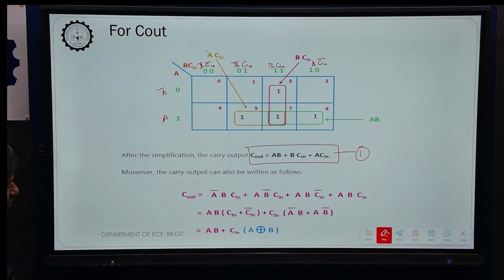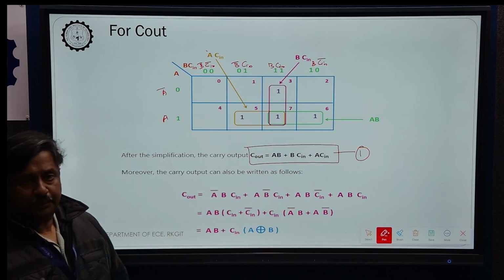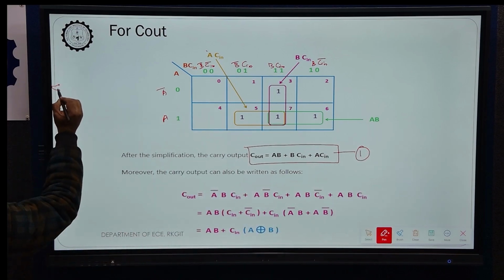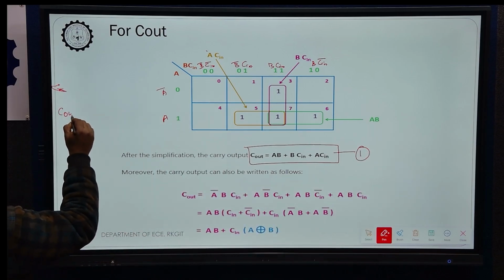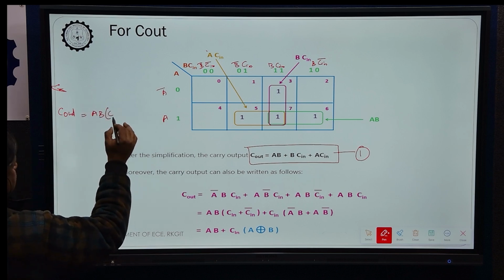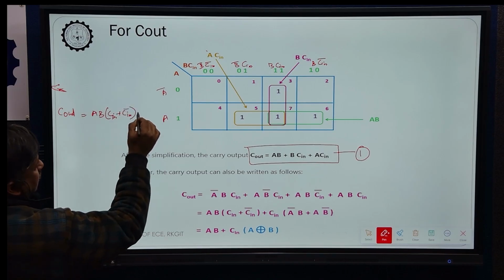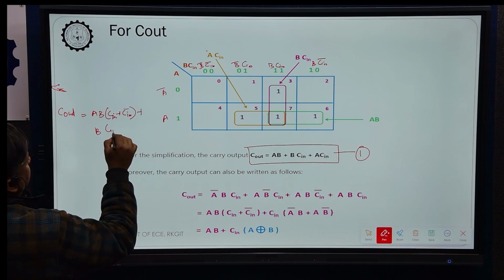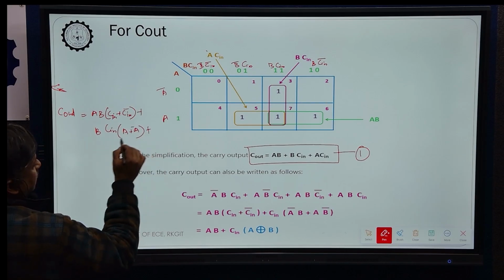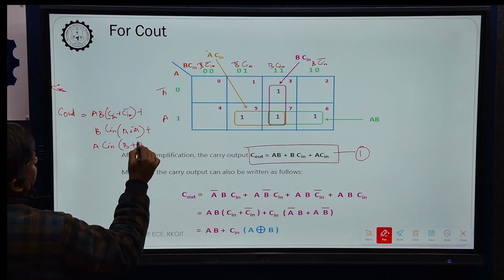So what to do is, first we have to convert this C out into a standardized SOP. So C out equals AB into C in plus C in bar, plus BC in into A plus A bar, plus A C in into B plus B bar.